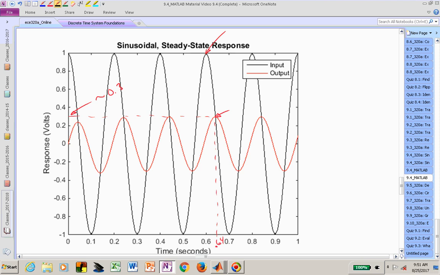Then after the transient period, which is roughly 0.5 seconds in this particular case, I should see an output waveform at the same frequency. And if you measure the distance between this peak and that peak, you should see that it's the same as the distance from this peak to that peak.